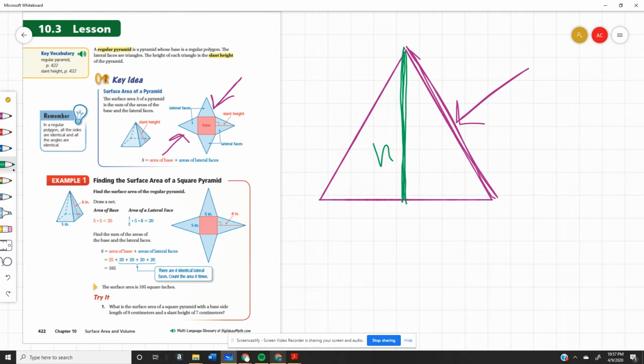That's my height. Now think about in a pyramid, this height is kind of slanted. So we call it the slant height because the faces of a pyramid come in together and reach at the vertex like we see over here. So the height of the triangular face is called the slant height because it's kind of slanted.